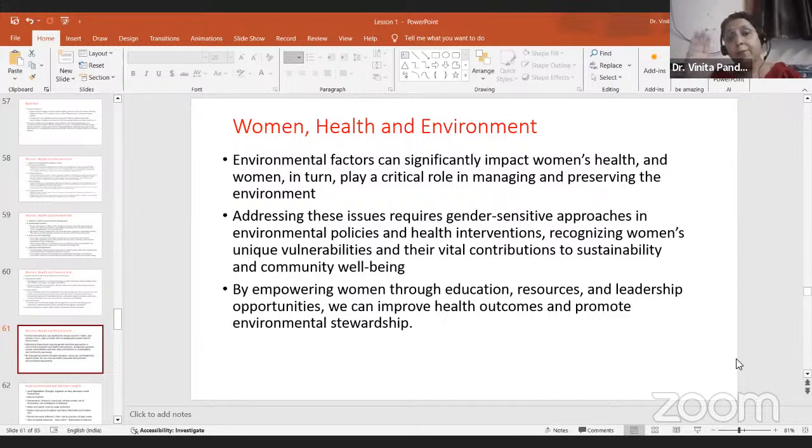So what I'm trying to communicate is that women can be very significant in decision-making and leadership roles. That is why we are using this word, gender sensitive approach, in environmental policies, health interventions, and also acknowledging and understanding the areas where women can be vulnerable.